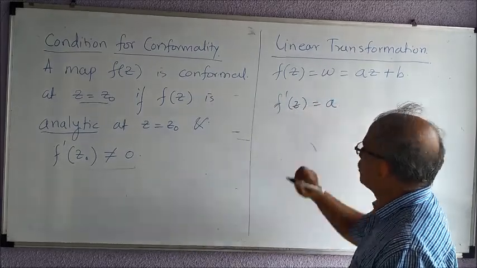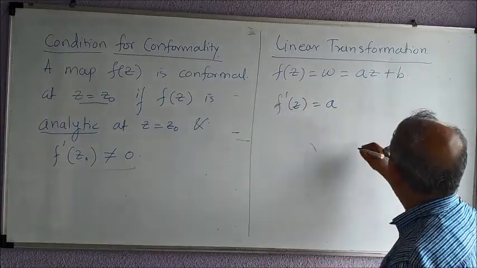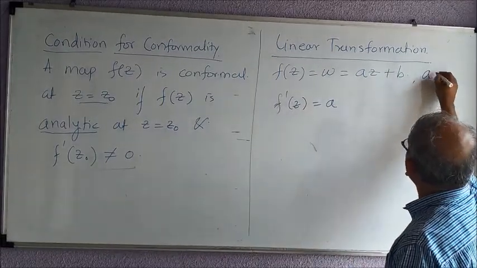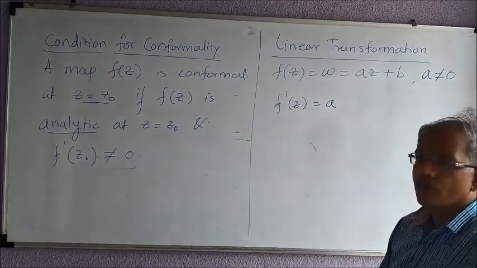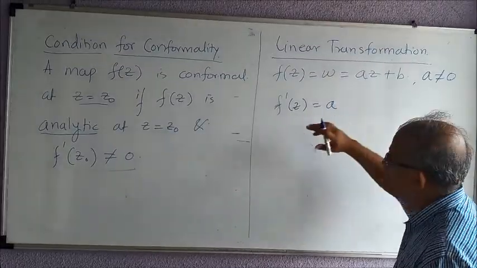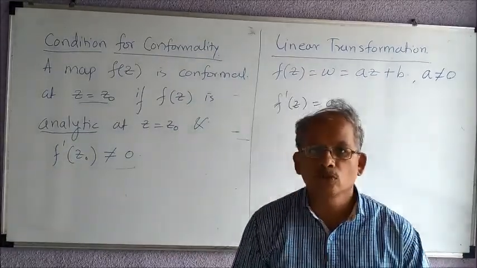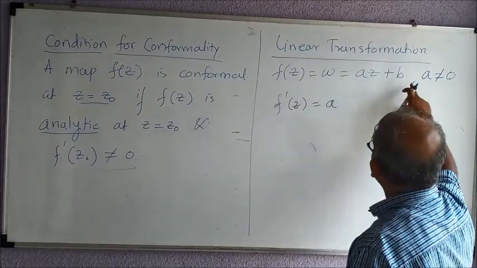It is a. So we will take a to be not equal to 0. This condition is important to get a conformal map. Then this becomes a conformal map.